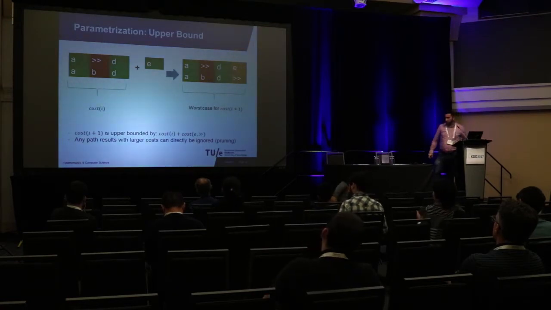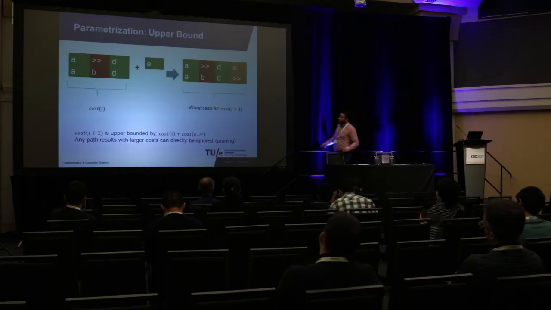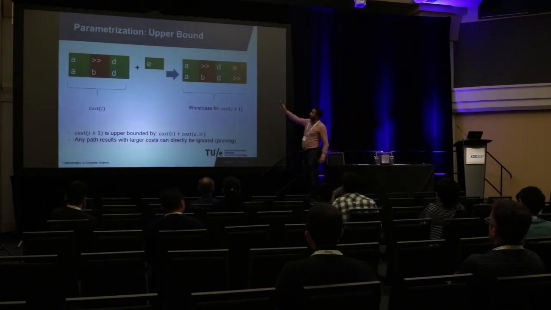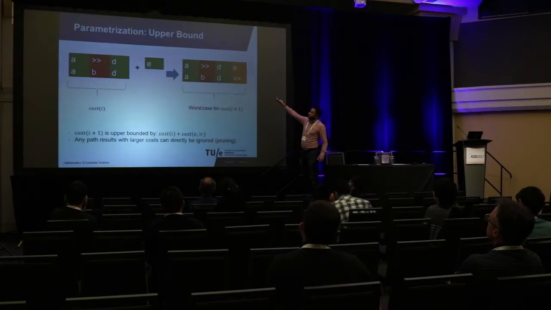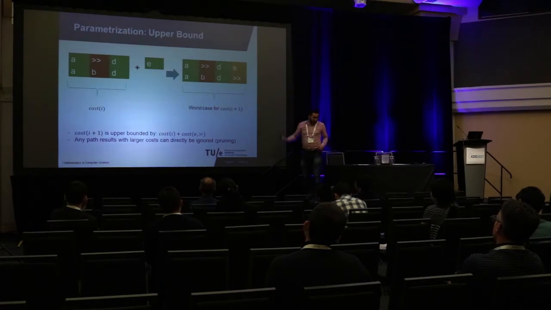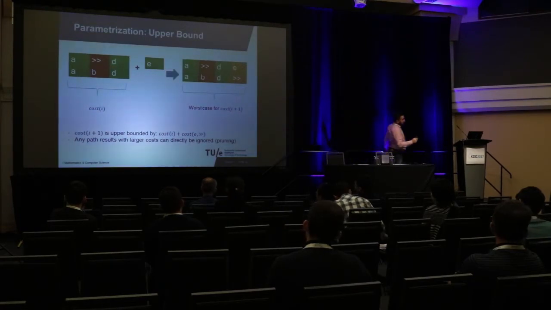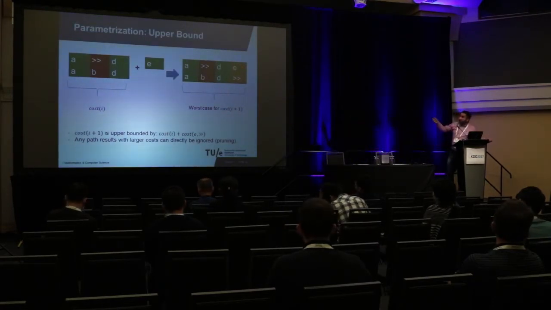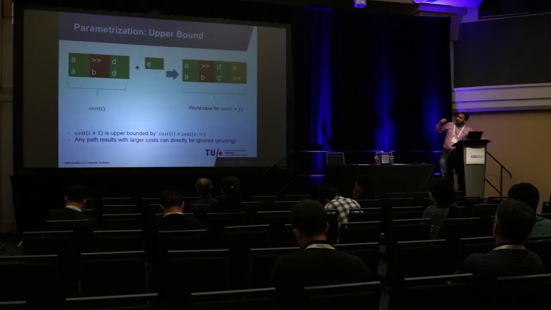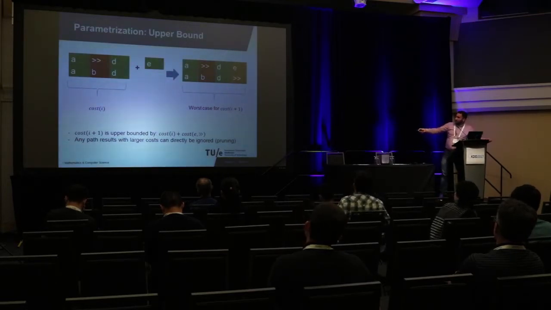So that means we know the upper limit for aligning P in the correct place. This is the worst case. And thus, while searching in the search algorithm, we can directly prune out any costs that are above this one.